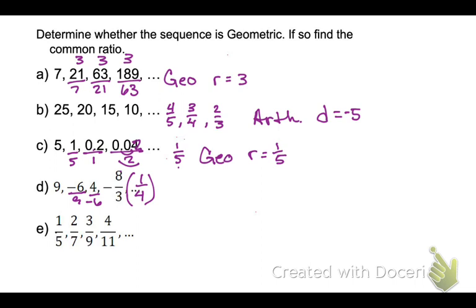Negative 6 over 9 reduces to negative 2/3, and look at that, negative 2/3, and negative 2/3. So it is geometric, and r is negative 2/3. Anytime you see positive, negative, it has to be geometric, and my ratio is going to be negative because that's what switches it back and forth.